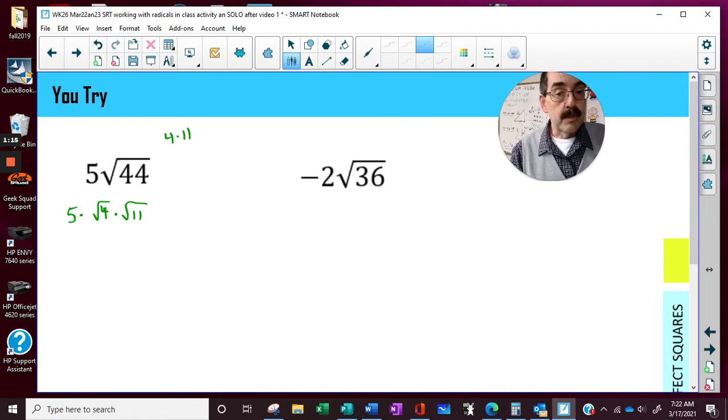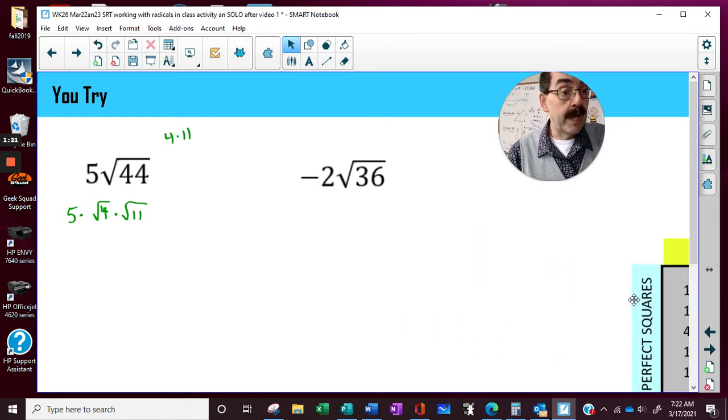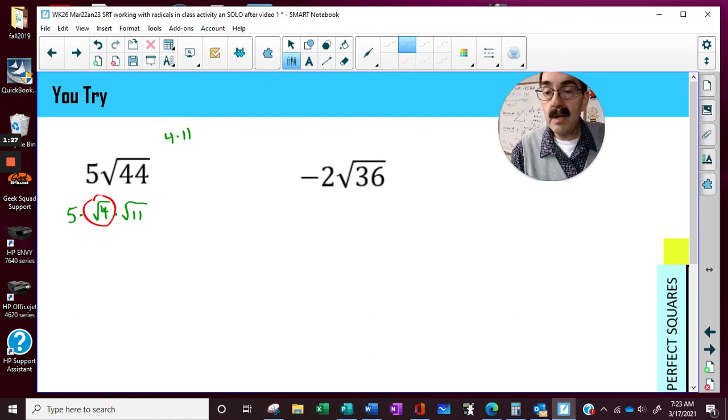Looking at our perfect squares, the square root of 4 is 2. So we can rewrite this as 5 times 2. Square root of 11 is not perfect, so we don't do anything with it. We leave it. Final answer, 10 radical 11.